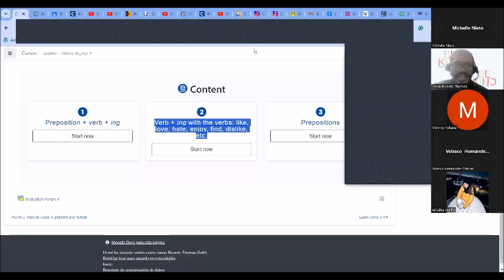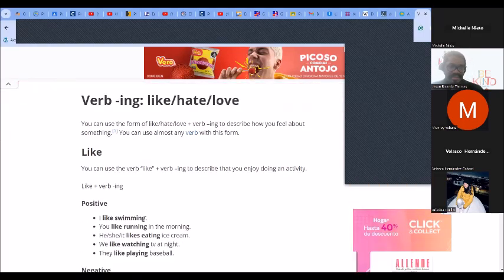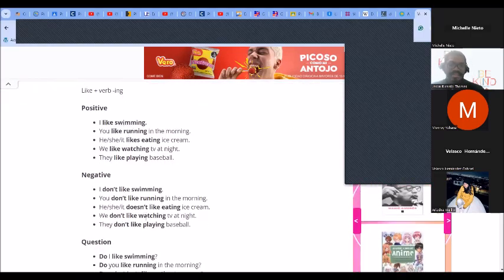All of that is so that you can express ideas about love, like things you find interesting, some things you dislike doing. All right, let's continue a little bit further. The idea with verbs like like, love, hate and the others is so that you can talk about how you feel about something, right? So here are some positive, negative, and question forms, right? Notice that your like is followed by the ing.